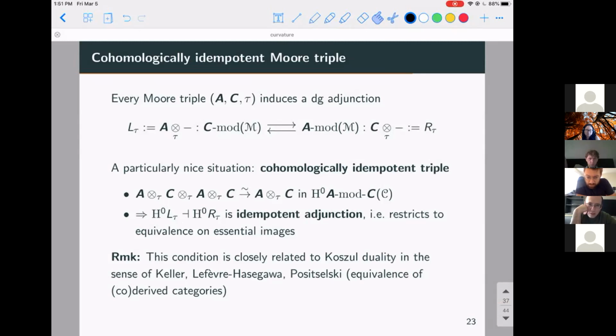Ah, okay, because the curvature only comes into play when you look at the module structures. That's right. So the curly C was just a DG category. Yes, C is just a DG category. Yeah, thank you.